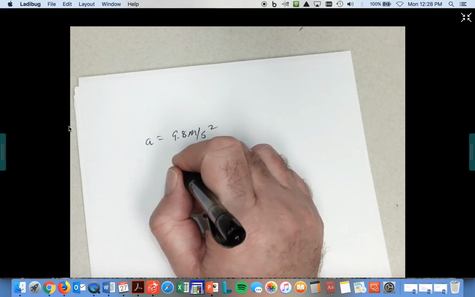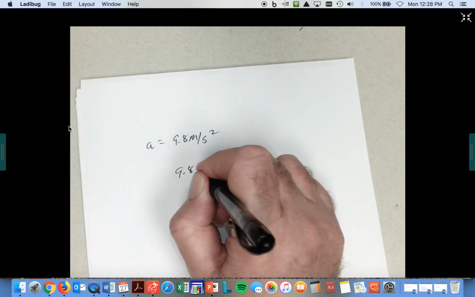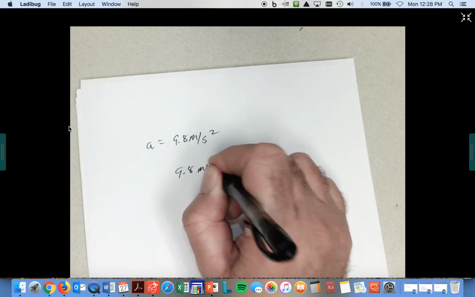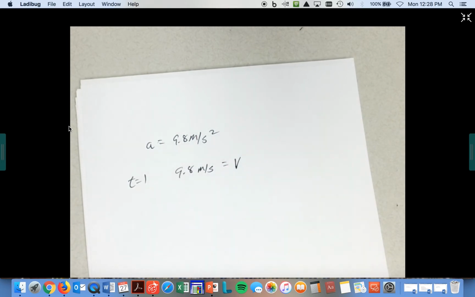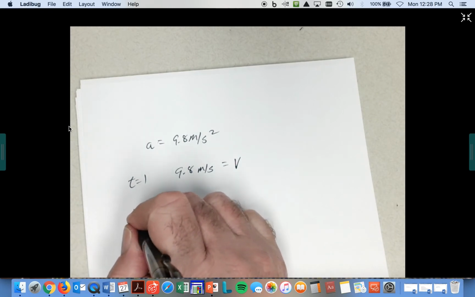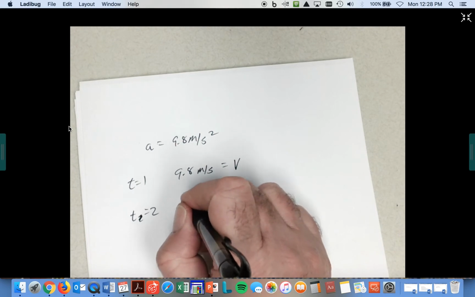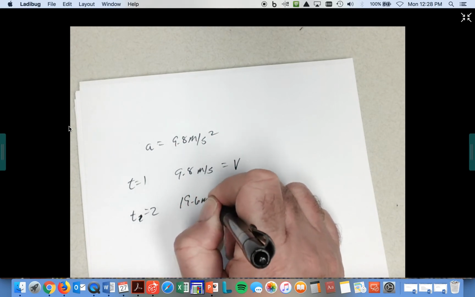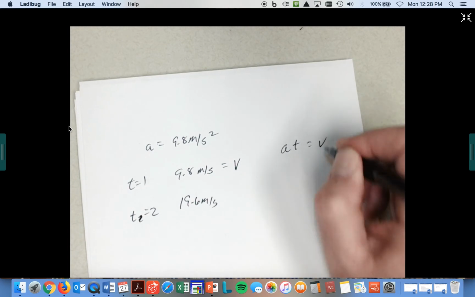In other words, your speed that you're falling, your first second, is 9.8 meters per second. At t equals 1, this is how fast you're going. This would be your velocity. At t equals 2, it'd be 19.6 meters per second, because the acceleration times the time gives us the velocity.